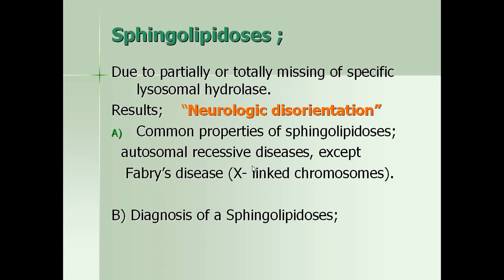Now the sphingolipidoses. In a normal individual, synthesis and degradation of sphingolipids are balanced, so the amount in the membrane remains constant. If a specific hydrolase required for the degradation process is partially or totally missing, sphingolipids accumulate in the lysosomes.